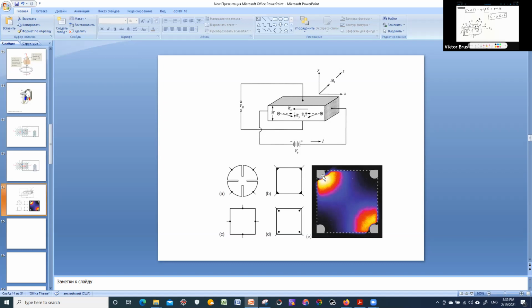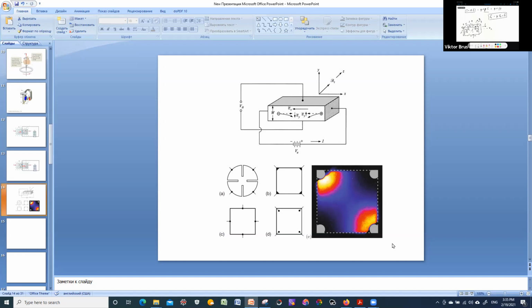When we conduct current between 2 of them, we measure Hall voltage between the 2 others. Then we switch, conducting current between these 2 and measuring Hall voltage between those 2. By doing this several times in different directions, we can cancel out some parasitic effects and get an accurate value for Hall voltage.